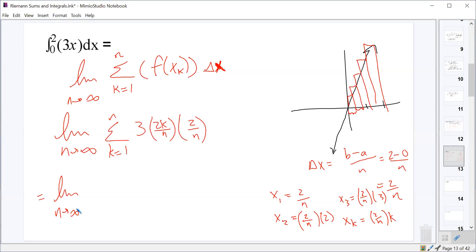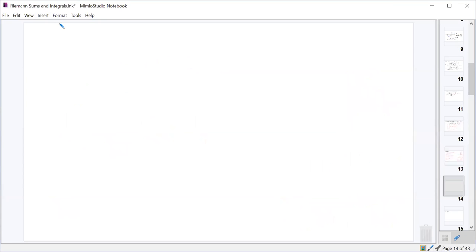Which will become a limit as n approaches infinity of a sum from k equals 1 to n of, if we multiply all that out, 12k over n squared. And I hope you remember what the sum, I'm going to put this on a new page here, the sum from k equals 1 to n of k is? What does that equal?